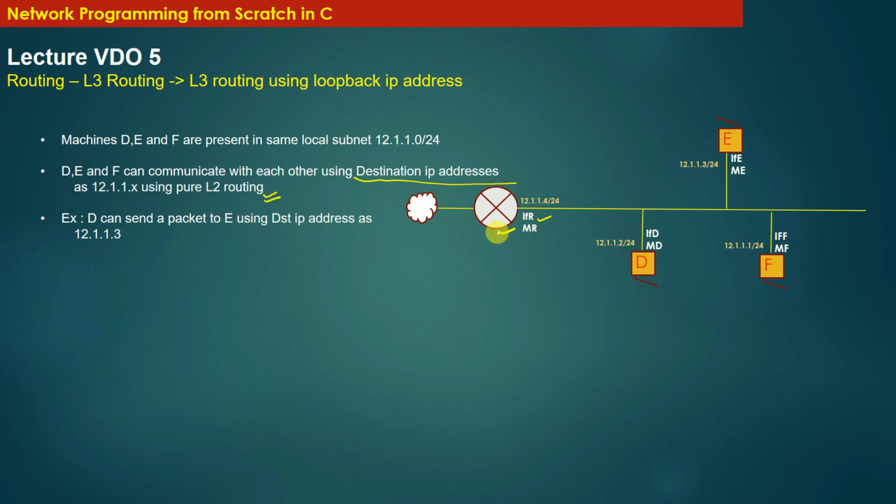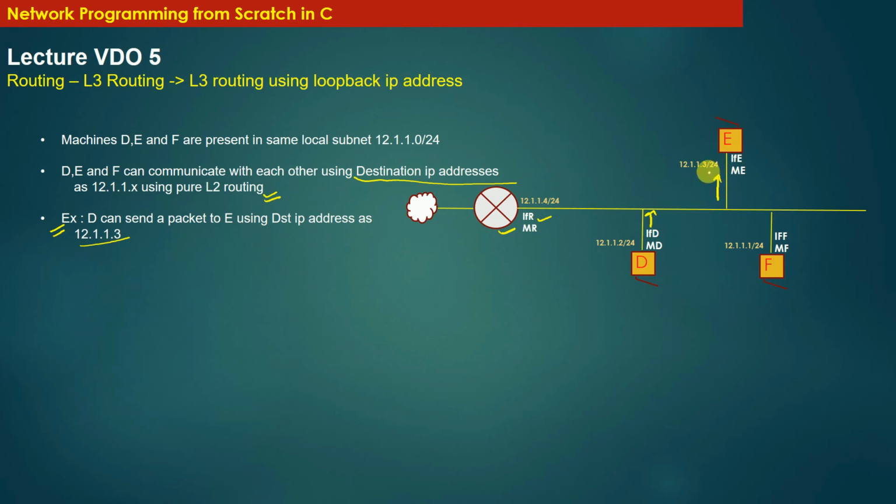Let us see the example here that machine D can send a packet to machine E using destination IP address 12.1.1.3. If machine D chooses the destination IP address 12.1.1.3, then it is a case where source machine and destination machine both are present in the same local subnet. Therefore, using pure L2 routing only, machine D can deliver a packet to machine E.